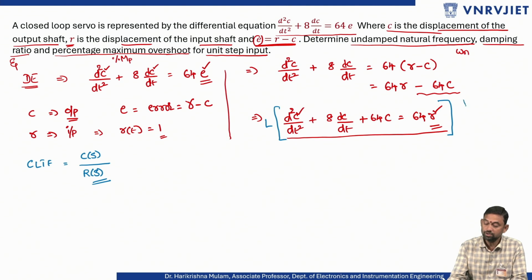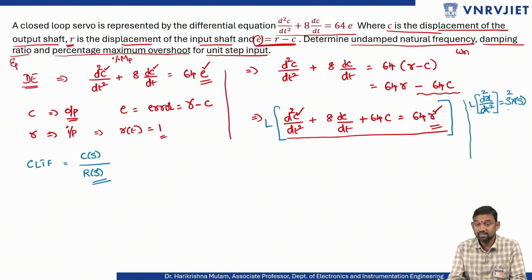Now, we need to know a few formulas. What is the Laplace transform of d square c by dt square? The general formula is Laplace transform of d square some variable x by dt square can be written as s square into X of s. This equation is valid under zero initial conditions because the transfer function is defined under zero initial conditions.